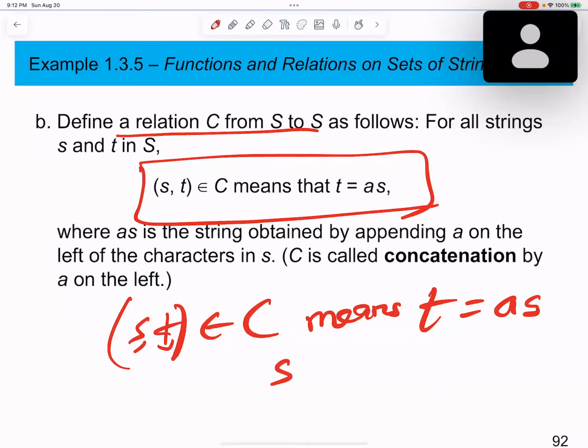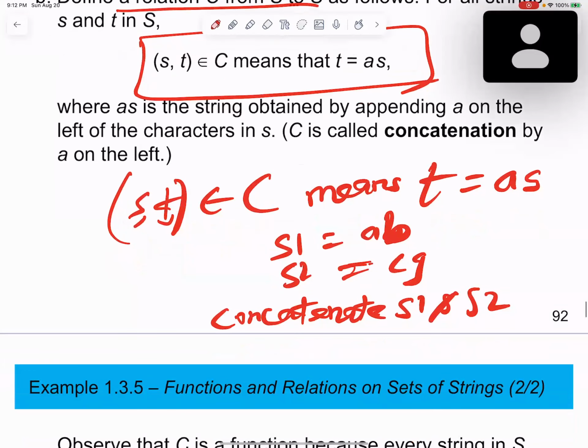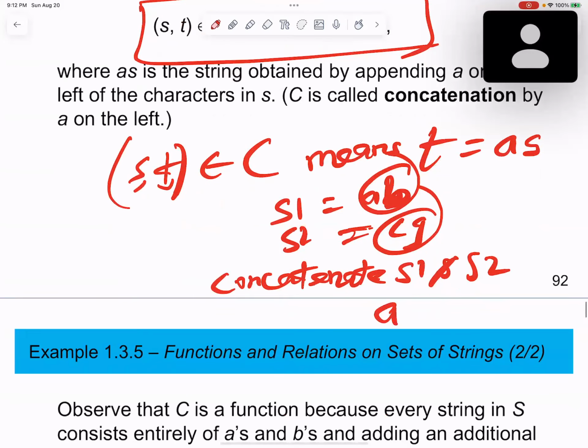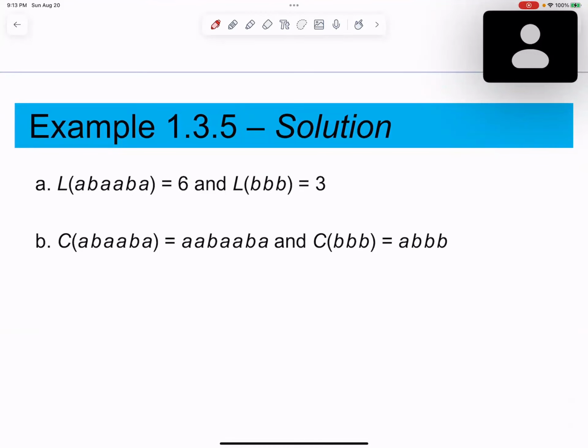For instance, if your string 1 is AB and string 2 is CG, then if you concatenate S1 and S2, you just join them to each other side by side, you have ABCG. That is called string concatenation. And you can have many cool stuff. Look at it. This is a string.